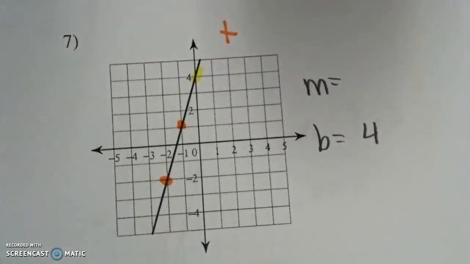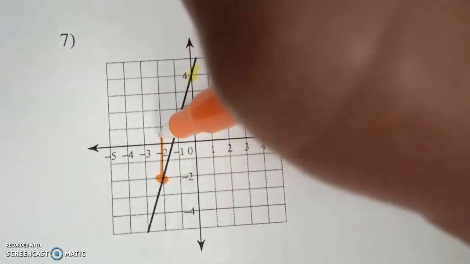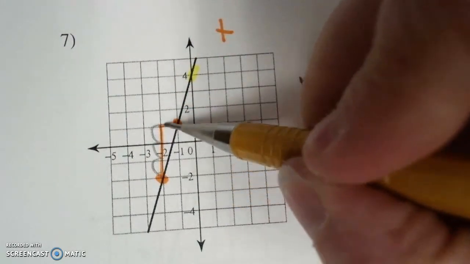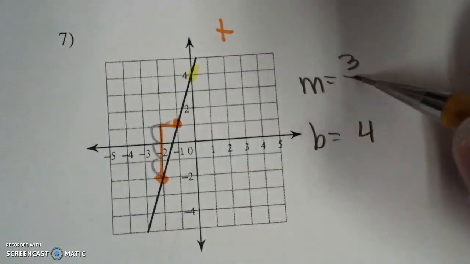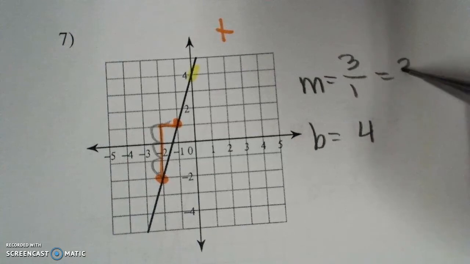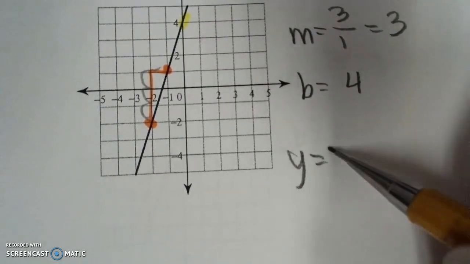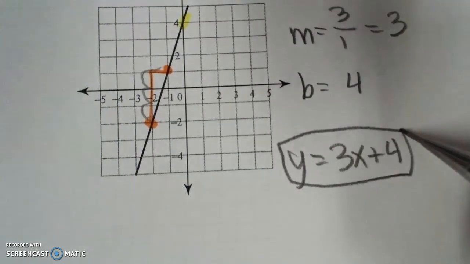It's positive, which means I'm going to go up first, and I'm going to draw my triangle, and it says I go up 1, 2, 3, and I go 1 right. So that is 3. So my equation would be y equals 3x plus 4. And that's how I do the equation.